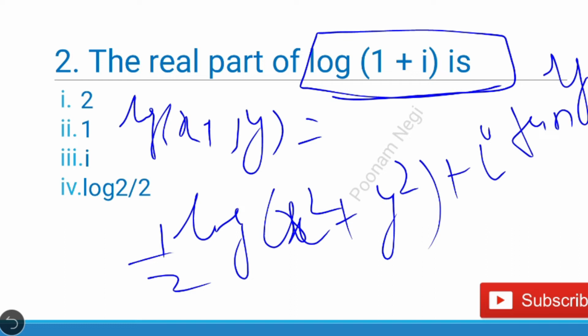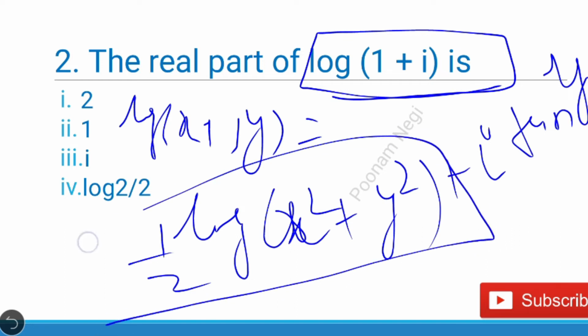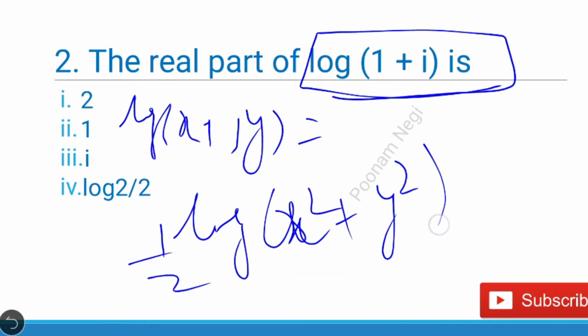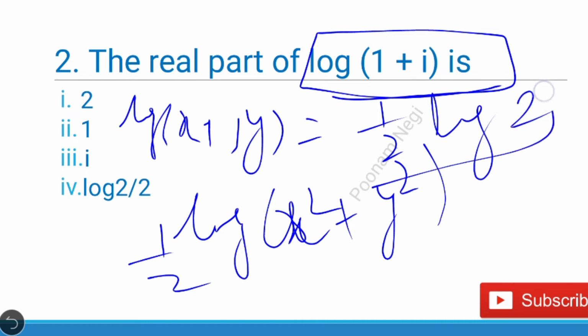So the real part is 1/2 log(x² + y²). Here x equals 1 and y is also equal to 1. Hence the value is 1/2 log(1² + 1²), that is 1 plus 1, that is 1/2 log 2. Hence the answer is option number 4.